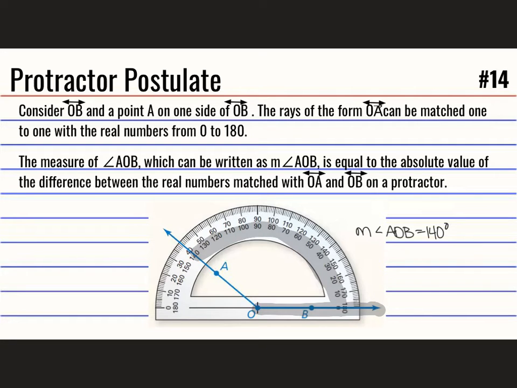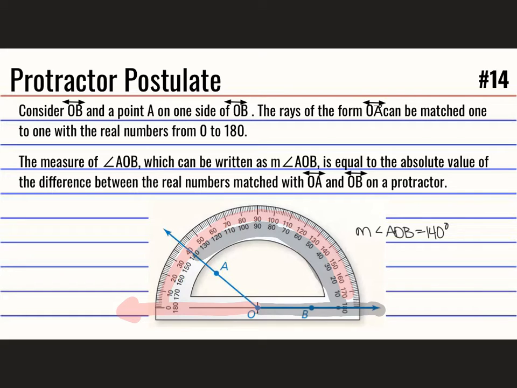Now, if by chance we had, let's say, this ray going like this, then we would look at the top to get larger going this way, because 0 would be over here on our left. So it just really depends on which way you open your angle, so that you know which way you're going.